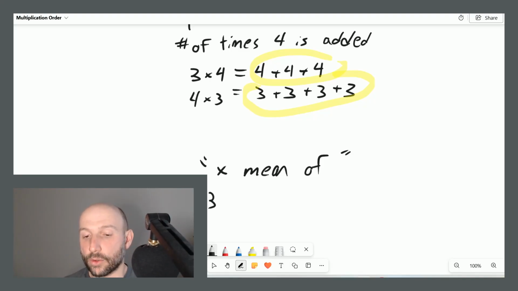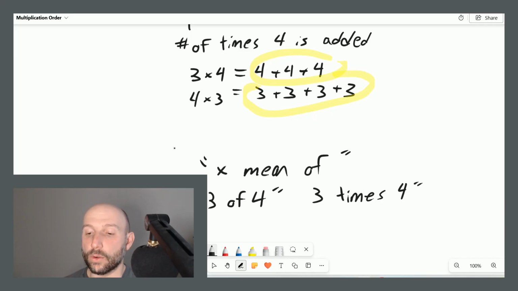So this is like 3 of 4, 3 groups of 4, or 3 times 4. So 4 is happening 3 times. Now, first of all, as we just discussed, even if you define it that way, we proved that 3 groups of 4 is 4 groups of 3, or A groups of B is B groups of A.